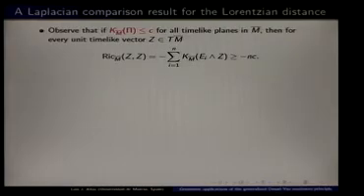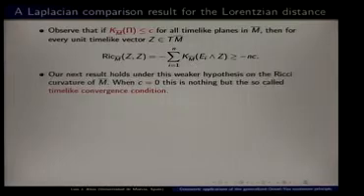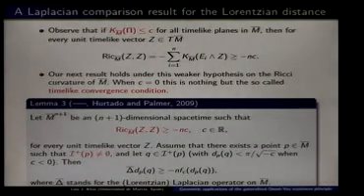And this condition, which is weaker, in particular when C is equal to 0, is the so-called time-like convergence condition. Under this more general condition, we can also give a Laplacian comparison result for the Lorentzian distance, now replacing the condition on the sectional curvature with a condition on the Ricci curvature for time-like directions, and then we get the result for the Lorentzian Laplacian of the distance.